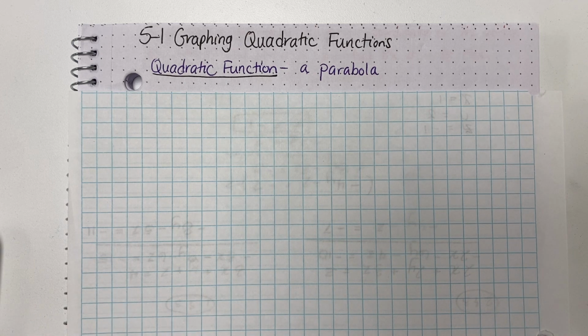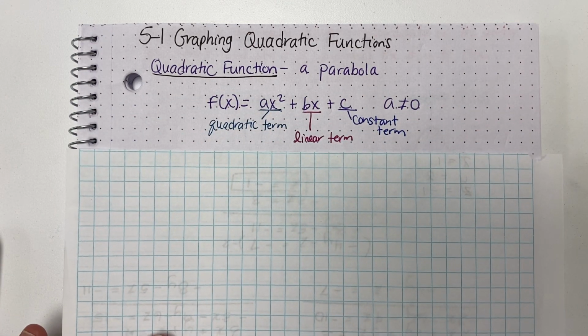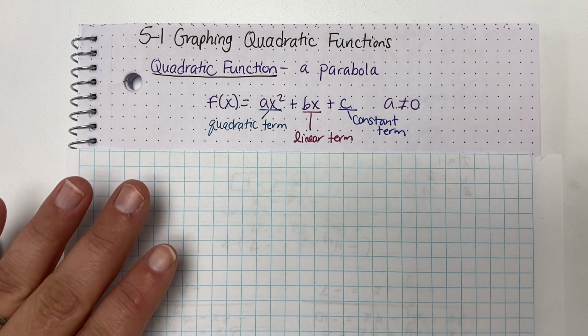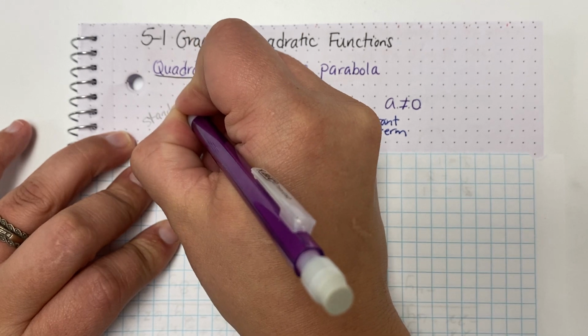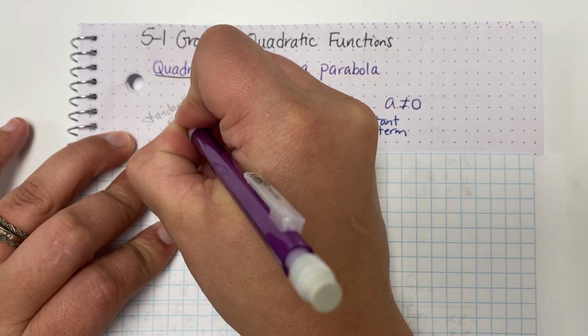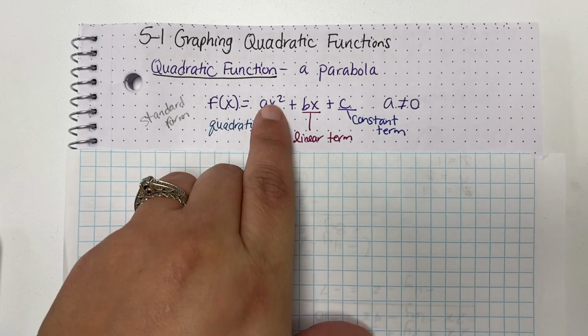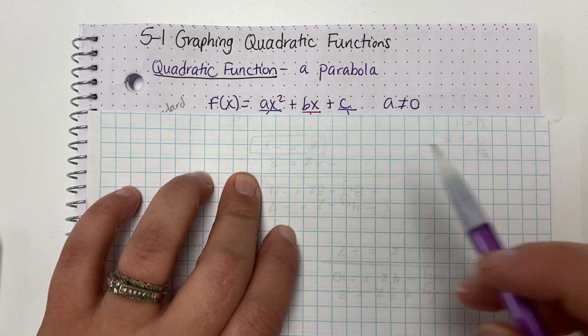All right, so a quadratic function is a parabola. Okay, that's what they're called. This is the standard form for a quadratic function. Okay, so it is ax squared plus bx plus c.